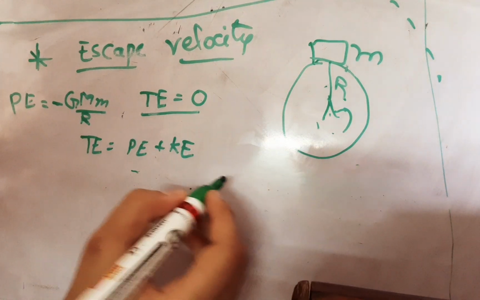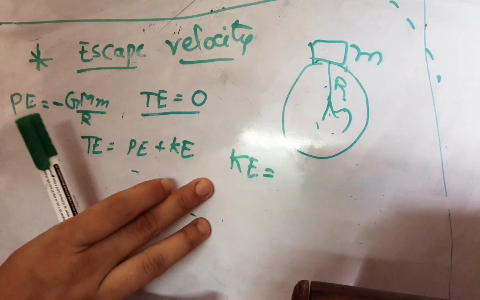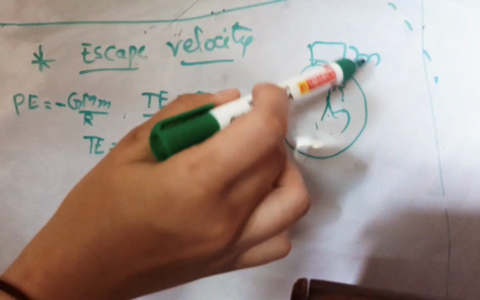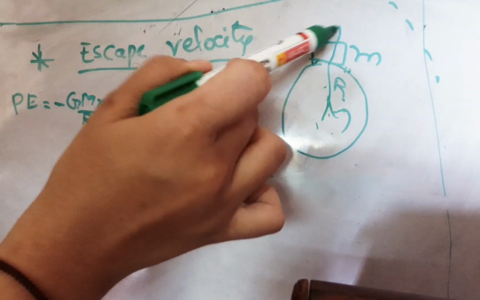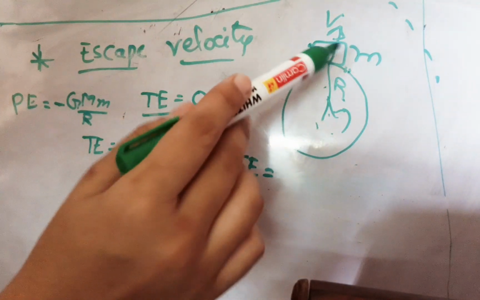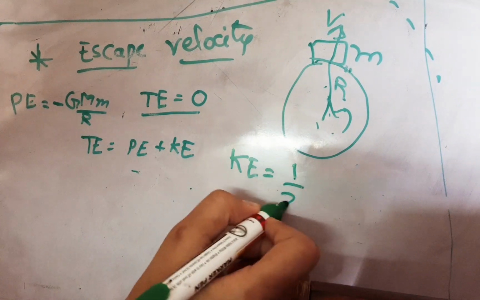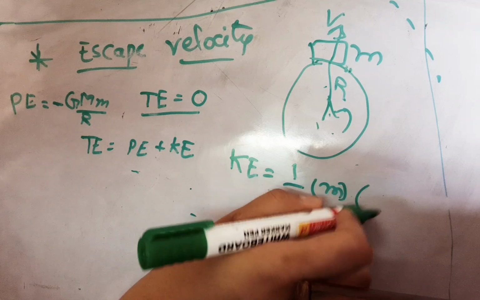Now coming to kinetic energy. What will be the kinetic energy of this body? I want to throw it with a velocity v so that it escapes the gravitational field of the earth. Kinetic energy is half into the mass of the body into its velocity squared.